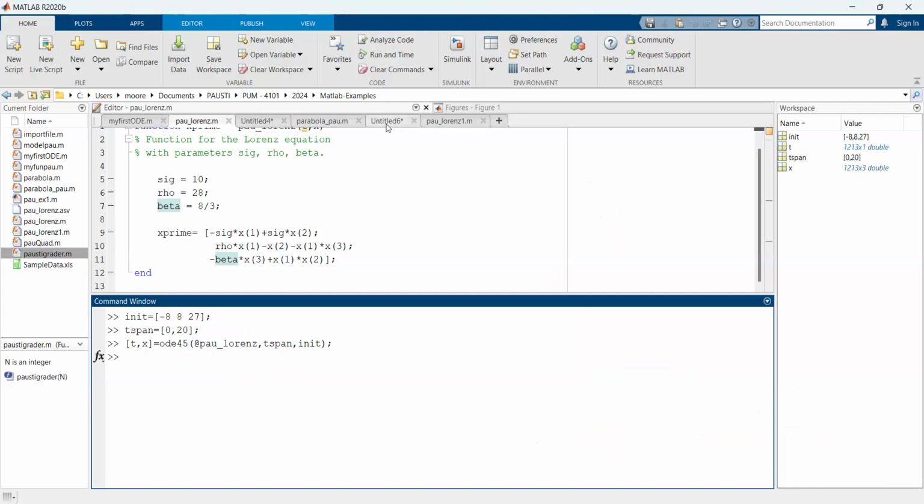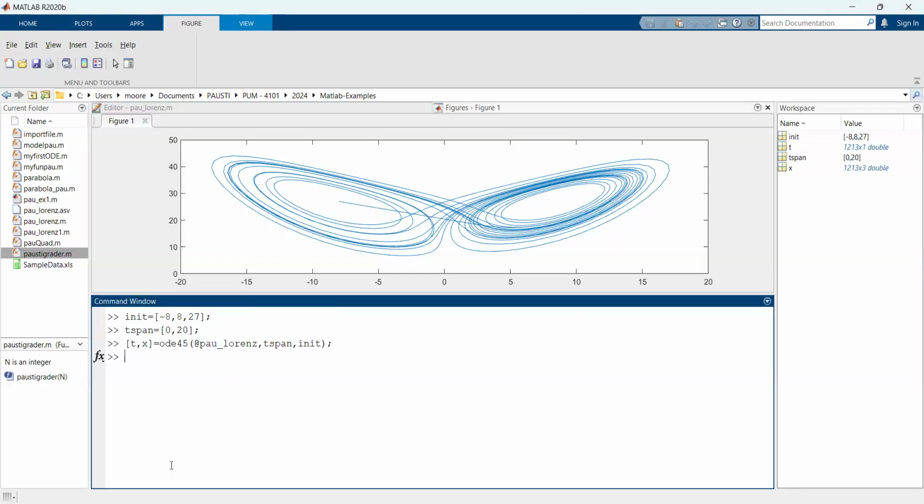Now we can plot, for instance, x1 against x3. And now we see the picture here. Well, of course, maybe I already plotted it for you, but I can modify it and add some coloring so you can see it clearly.